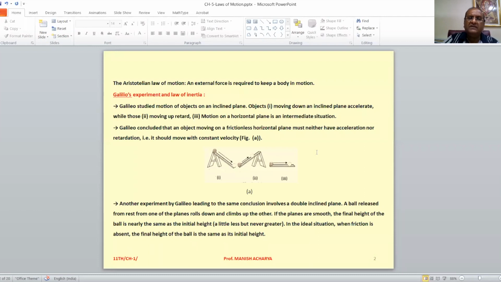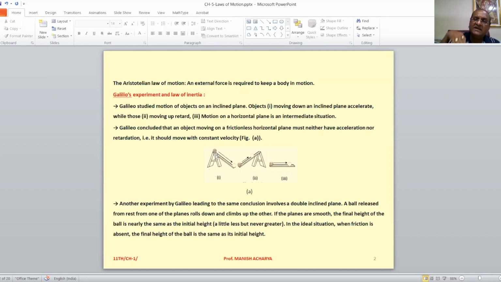Because after that, Galileo performed some experiments like this. See, as shown in the figure, the experiments were performed. At the top of an inclined plane, a sphere was placed and then allowed to move. Then he observed that the motion of the sphere is accelerated.